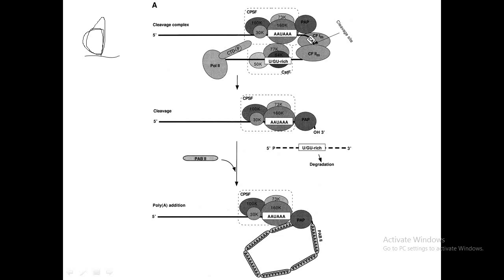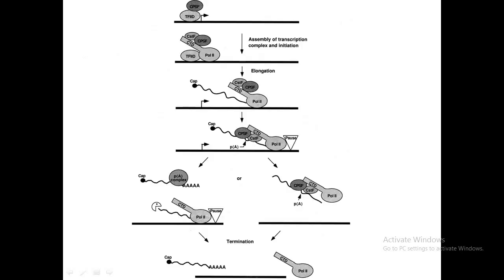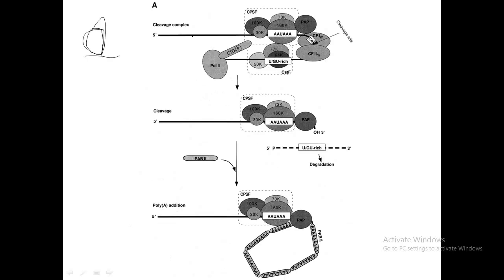That means both are present in the RNA polymerase C-terminal domain. Once they encounter their sites, they move from the RNA polymerase to their respective sites. The binding of the CPSF to the AAUAA region is very weak, and the binding of the CSTF to the GU-rich sequence is also very weak.